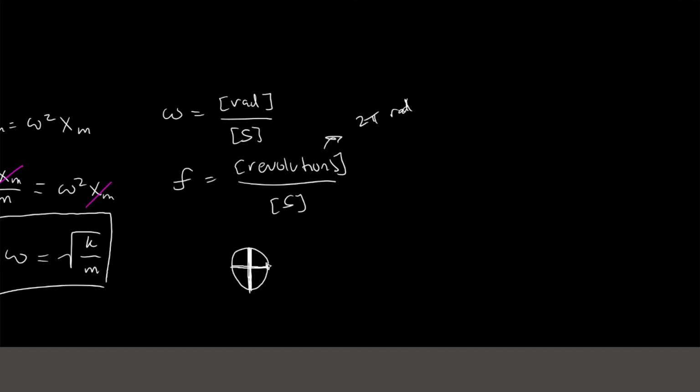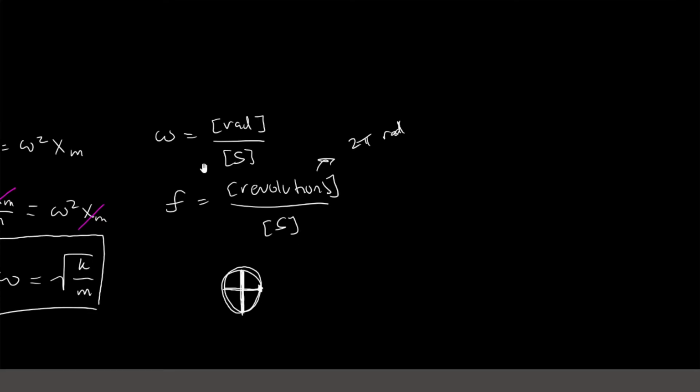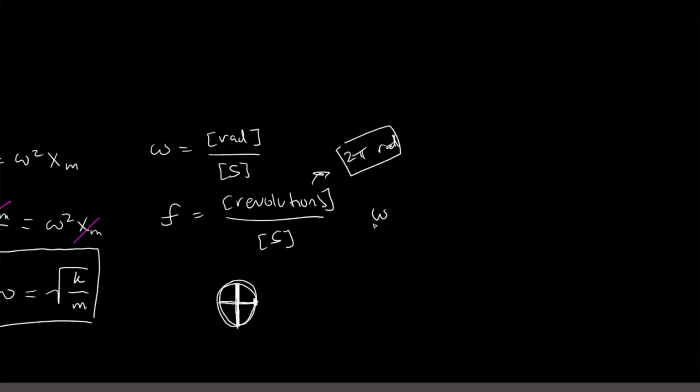Then once we move from here, we make one full oscillation, return here. That's 2 pi radians. So to get from 2 pi radians per second to how many oscillations per second, we'll divide omega by 2 pi.